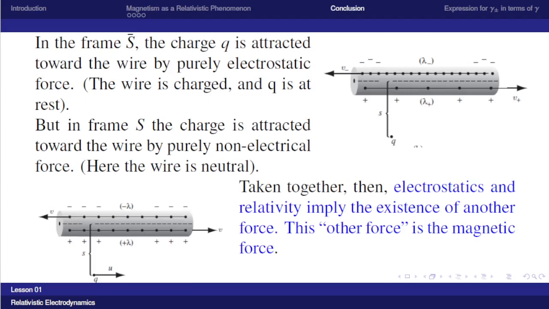So electrostatics and relativity imply the existence of another force, and this other force is the magnetic force. So we can see that magnetism is a relativistic phenomenon of electrostatics. So thank you for watching.